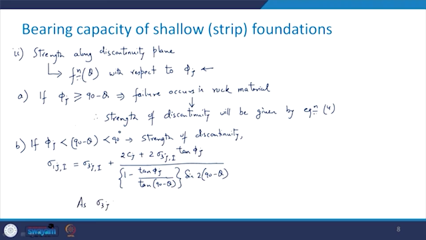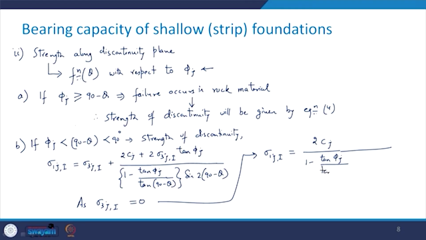Now in this case, since sigma 3j in the first zone is equal to 0, this is going to give us sigma 1j in zone 1 as 2cj divided by [1 minus tan phi j divided by tan (90 minus theta)] into sine of 2(90 minus theta).